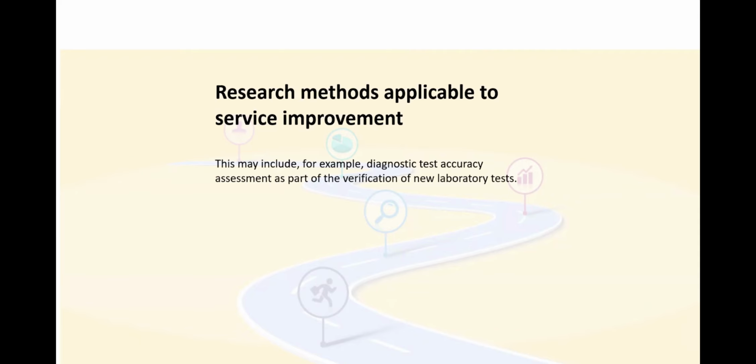And then you can also show any diagnostic test accuracy assessment. So maybe a new lab test is coming, and it's not only a certain special stain or some specific test, like what I did for digital pathology. So how to do that? Any test that is coming, and then validation, and then what the processes are. You can just take part in that.